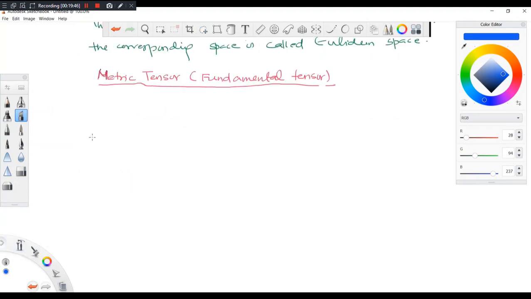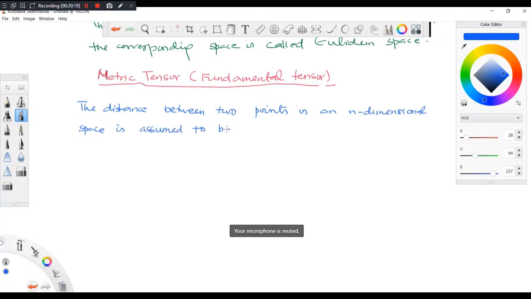The distance between two points in an n-dimensional space is assumed to be a constant.